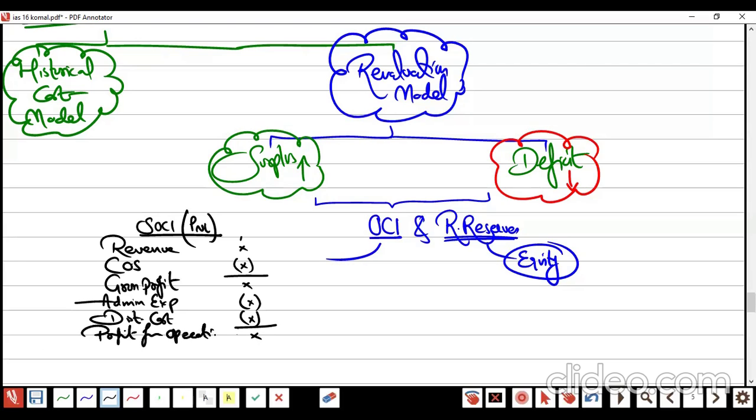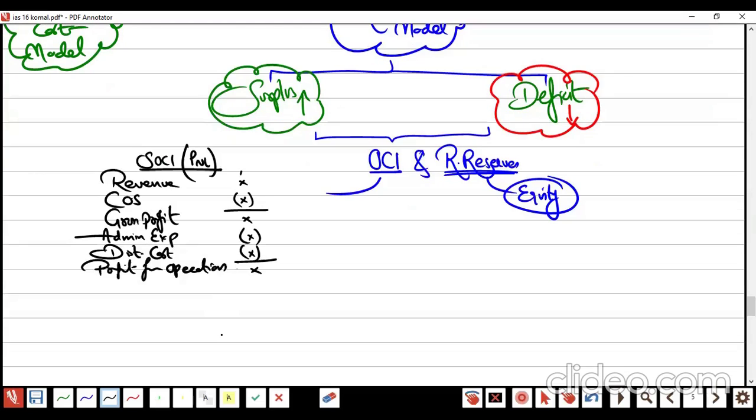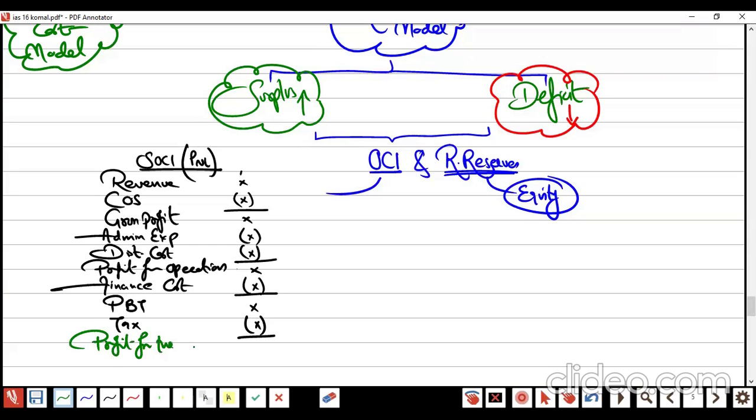After profit from operations, we have finance costs, interest. And then we have profit before tax, PBT. We will have taxation. And after taxation, we have the last thing, which is known as profit for the year.